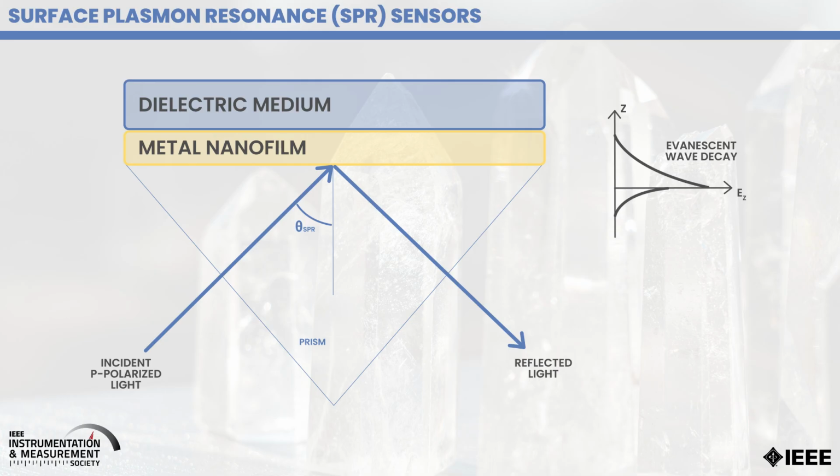When the light is incident with an angle able to satisfy the resonance condition, an absorption dip appears in the reflected or transmitted spectrum, according to the specific employed configuration, which is related to the refractive index of the medium in contact with the metal nanofilm.